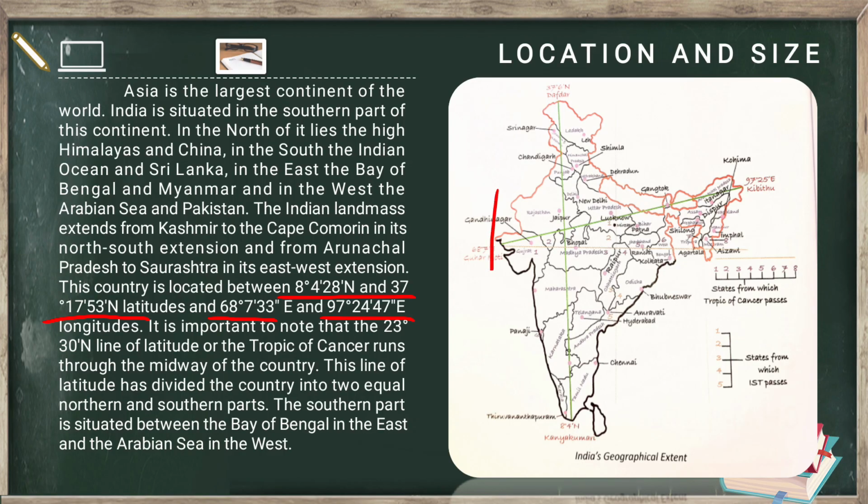So this portion is your 68 degree, and this is your 97 degree. You can see in the map also. See this one, and then this corner, that is your 97 degree. Clear? Now this is about the location.